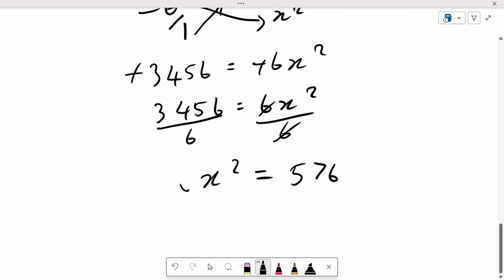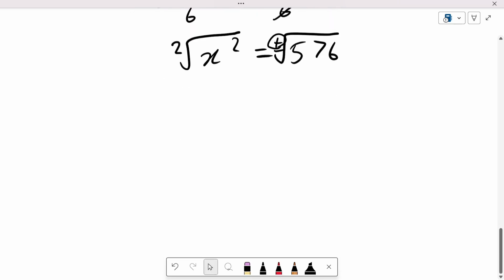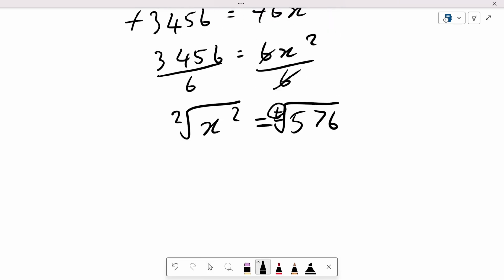Now remember, we have to square root both sides. And if you can remember, whenever we have an even root, we will use plus or minus. But because we are determining x, and x is a side of the shape, we will always choose it as positive. Okay, so then these will cancel, and we'll get x on its own.